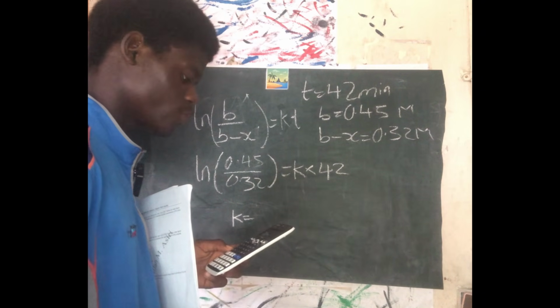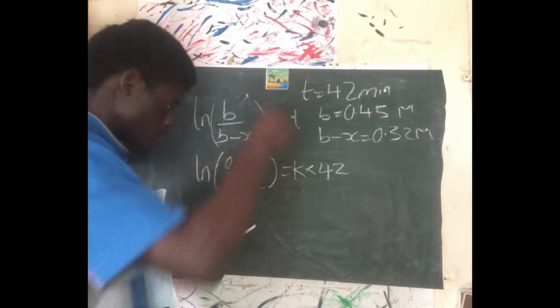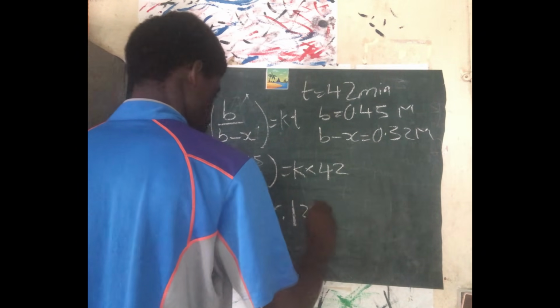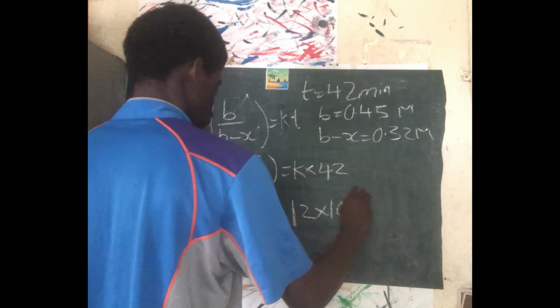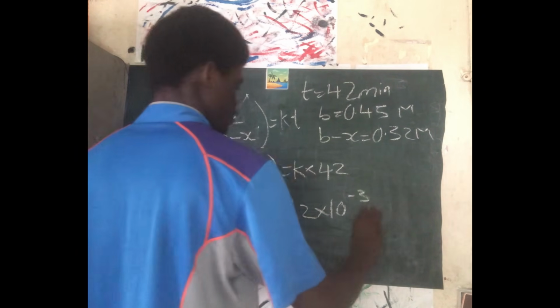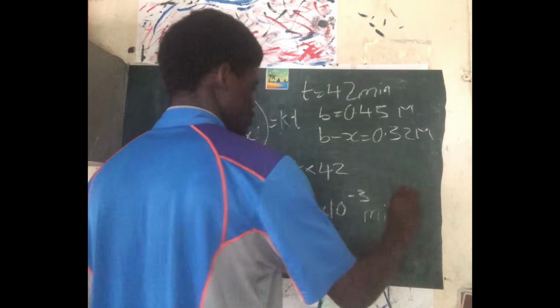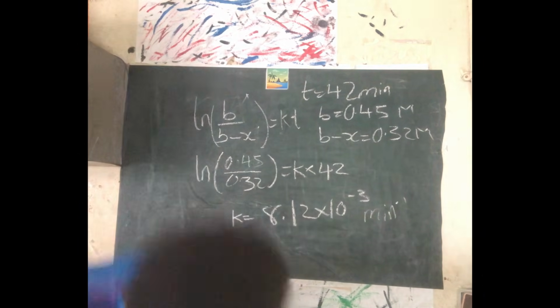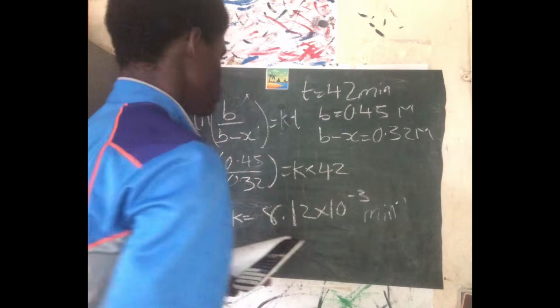Let's make it fast. That will give 8.12 times 10 raised to power minus 3 per minute. So that's the rate constant. We've gotten the rate constant, and we just use it to solve for the second scenario.